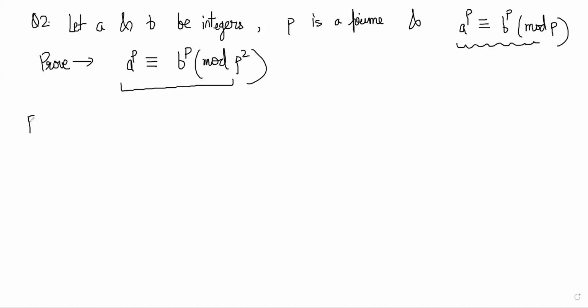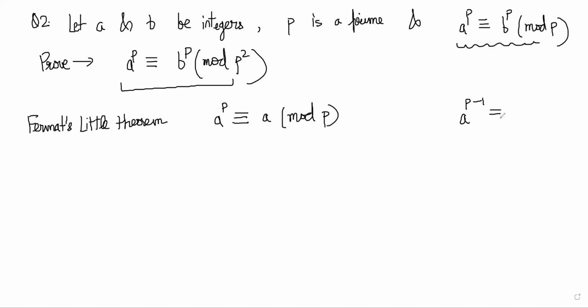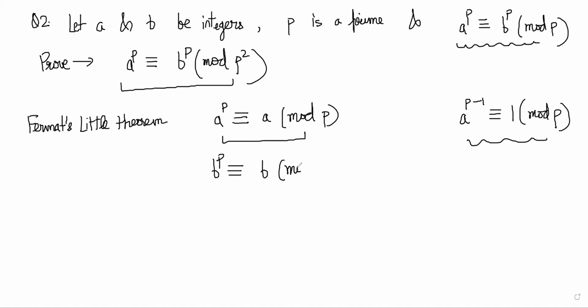So now using Fermat's little theorem, we know that a power p is congruent to a mod p. Because you know Fermat's little theorem says a power p minus 1 is congruent to 1 mod p, right? So if you multiply both sides by a, you will get this, right? So we also know that b power p is congruent to b mod p.